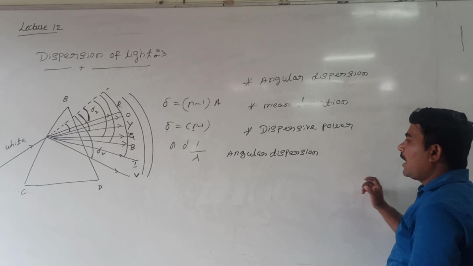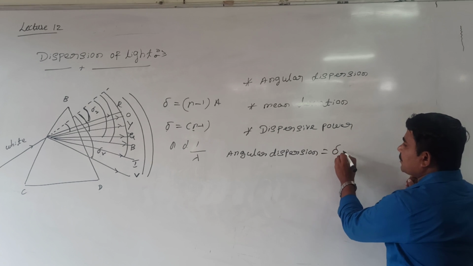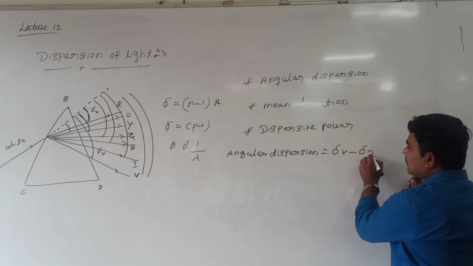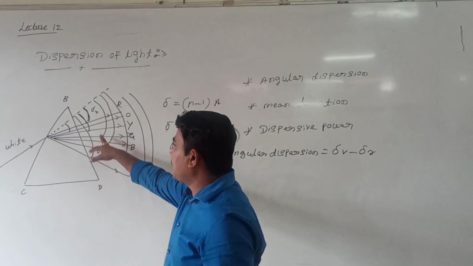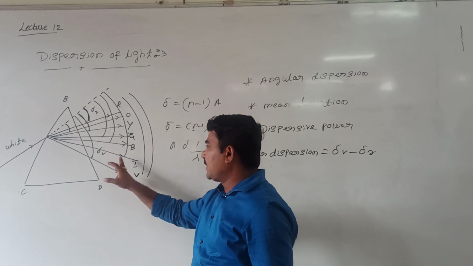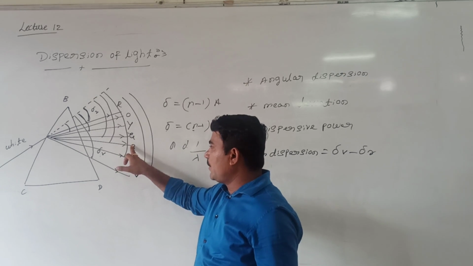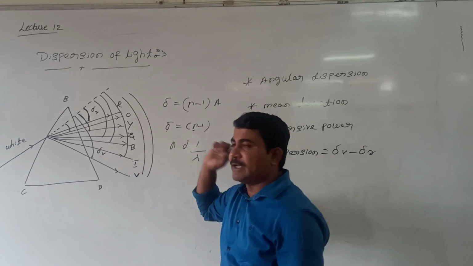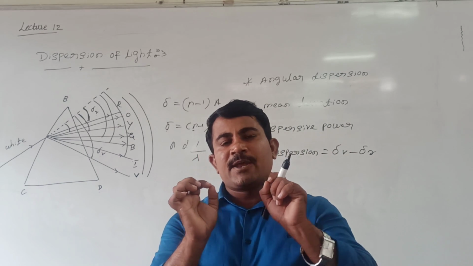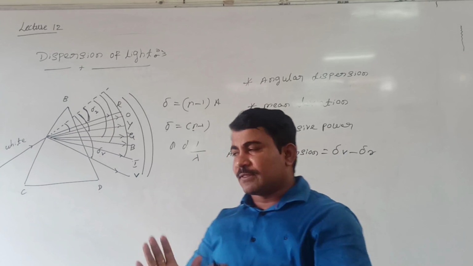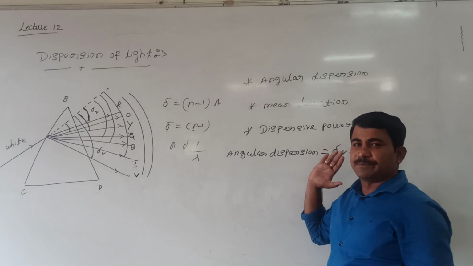Angular dispersion is the deviation produced by any 2 colors. You can take violet and red, violet and indigo, indigo and blue, or the difference between blue and green, like this. The difference between the angular deviation of any 2 colors we call angular dispersion.